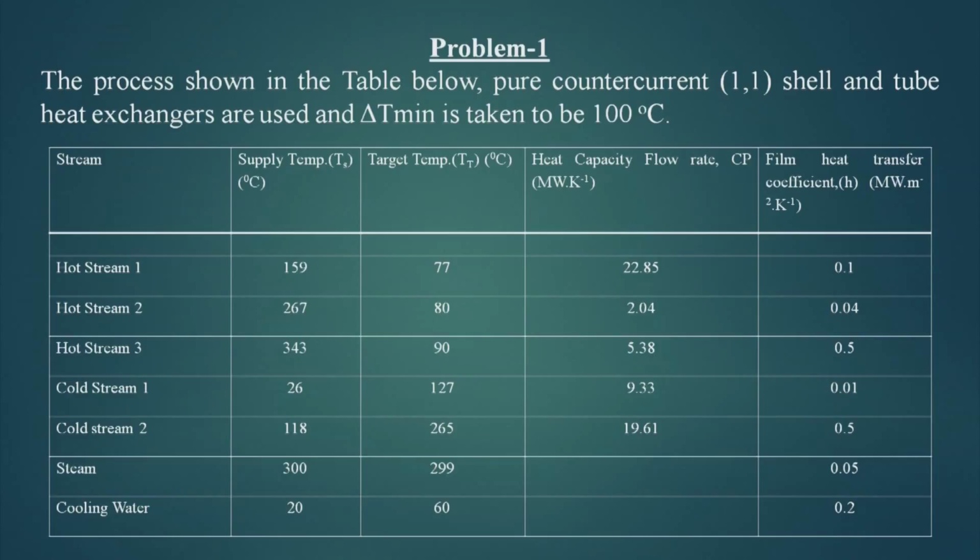Now, the problem shows that there are 3 hot streams and 2 cold streams, with steam as hot utility and cooling water as cold utility, and the heat transfer coefficients are also given for each stream.